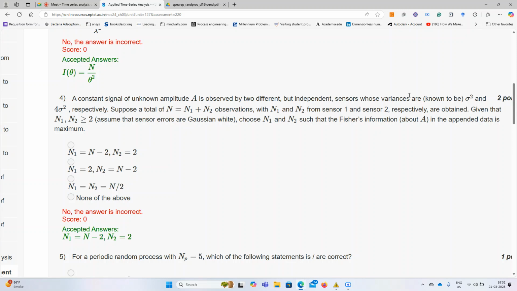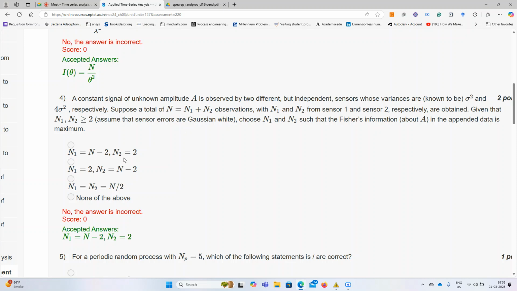But since you have sigma square and 4 sigma square, the variance is minimum in the case of n1. So it is better to have the maximum observations in n1. Therefore, if n is greater than 2, which is obviously so because both n1 and n2 are greater than or equal to 2, it is better to have observations in n1 rather than n2.